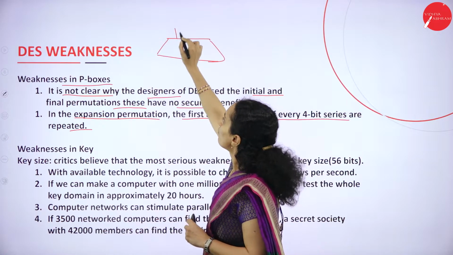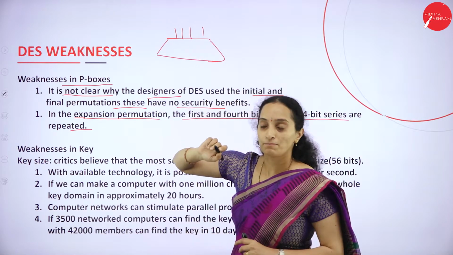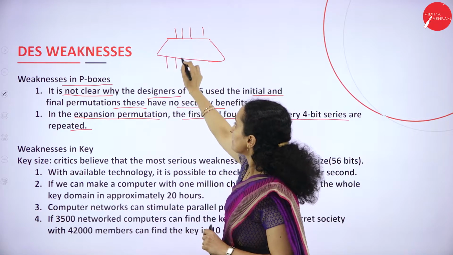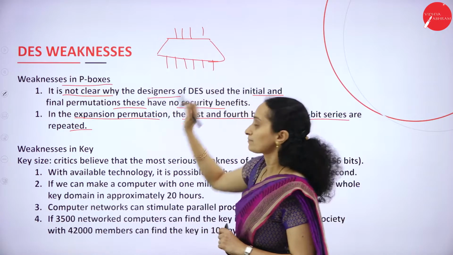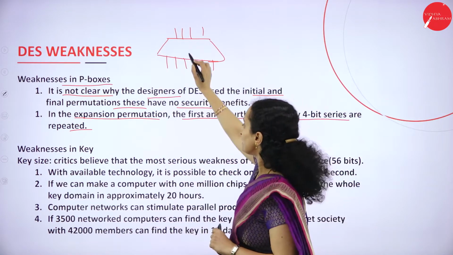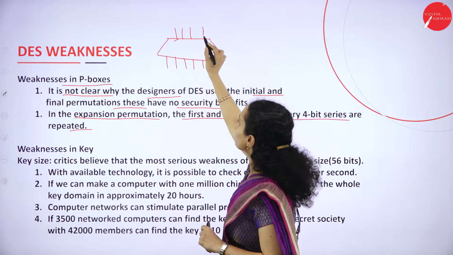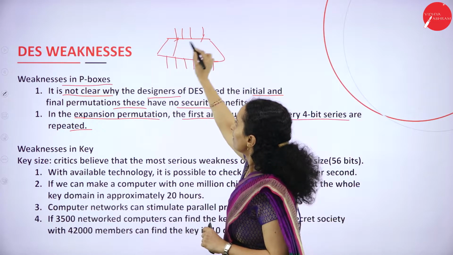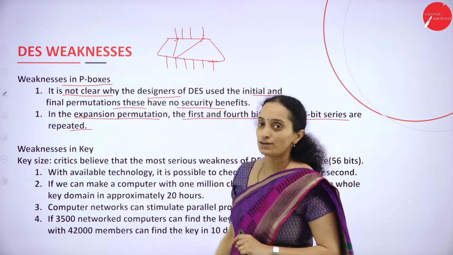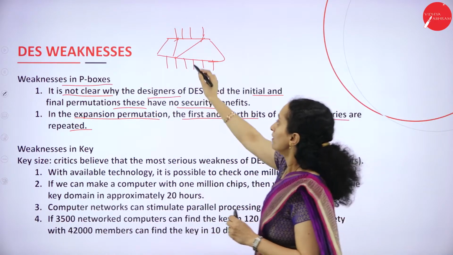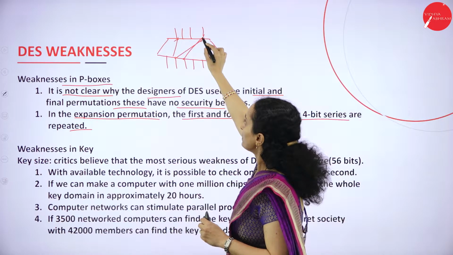If you have 4 inputs in an expansion P box and 6 outputs, then the first and the fourth bits may direct to the same result.